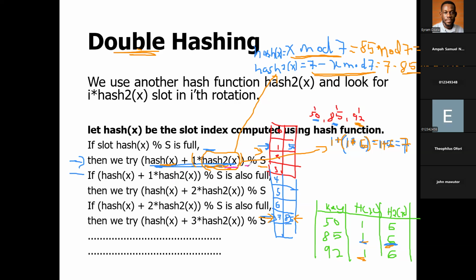Is it not mode x as well? No, so it's saying we should try this. I get what you are saying. It's not mode X. It's just saying we should try this, but we are not finding the mode of that. We are looking at the two hash value.